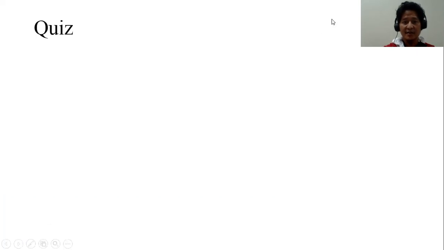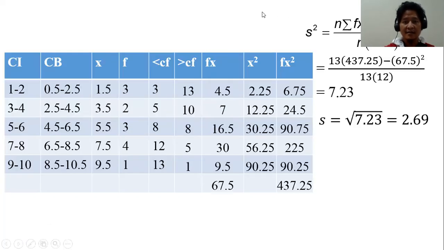Okay. So, recall yung nakuha nating mean kanina, that's around 5.19, right? Okay, let me write it down. And then yung ating median na nakuha kanina is 5.5.